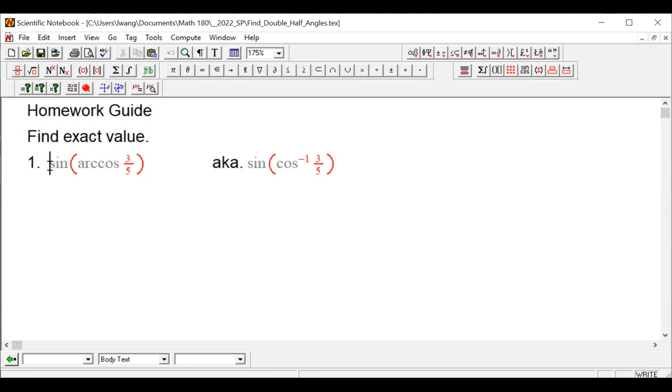In this case, we really need to know the domain and range of arc cosine. So first we need to examine the value right next to arc cosine. Is it in the domain of arc cosine? What is the domain? What is the range for arc cosine? That's what we need to understand.